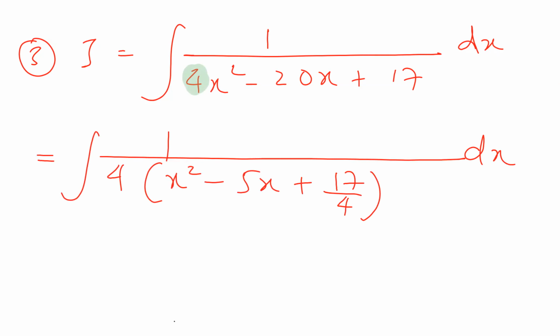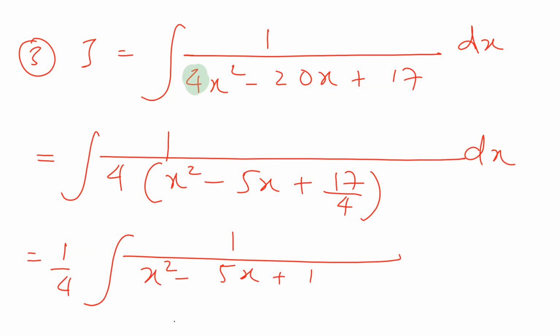So 1 upon 4 outside, 1 upon x square minus 5x plus 17 by 4. I hope you understood how I've written this 20 as 5, because 20 has 4 inside it, but then 17 does not have 4.